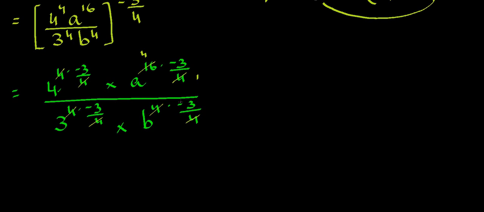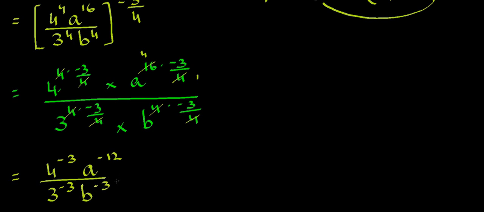So we have that is equal to 4 raised to minus 3 into a raised to 4 into minus 3 will give me minus 12 upon, I will have 3 raised to minus 3 into b raised to minus 3.